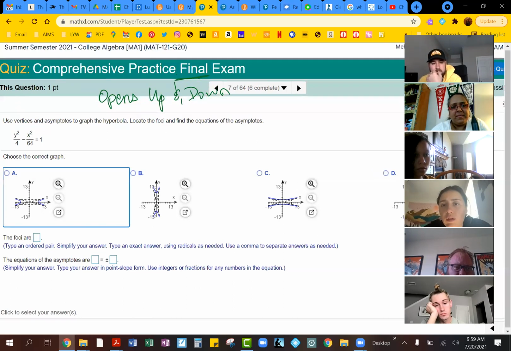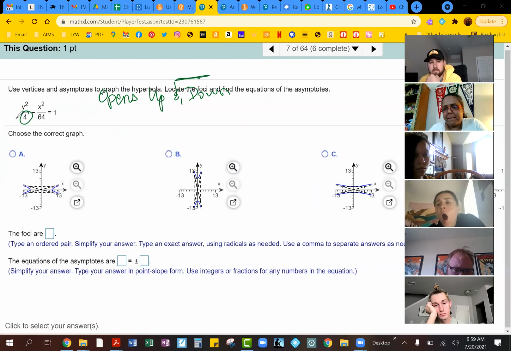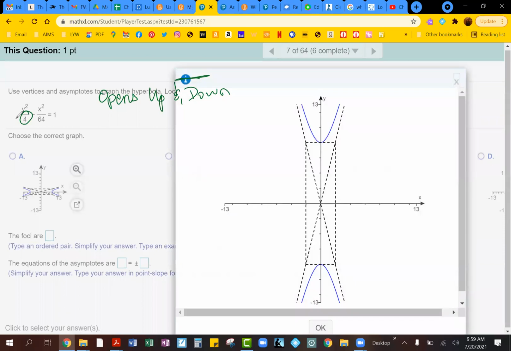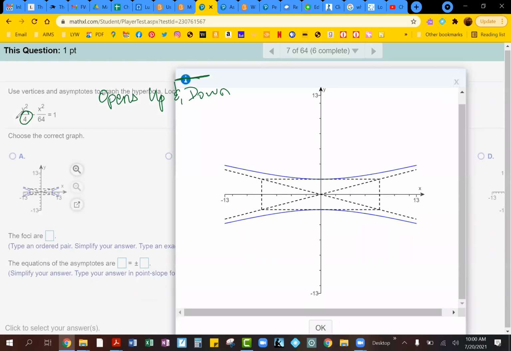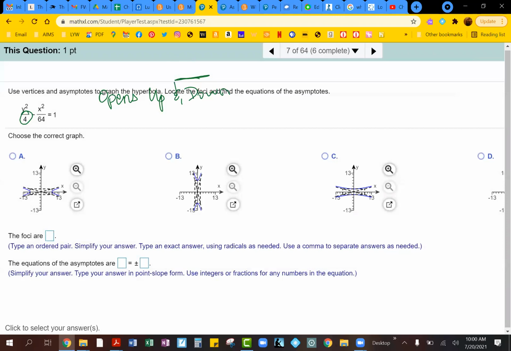Because again, remember, and let me make this guy a little bit bigger. What does this number underneath the y squared tell you? It tells you the min or the max.